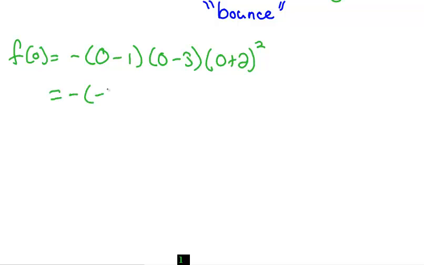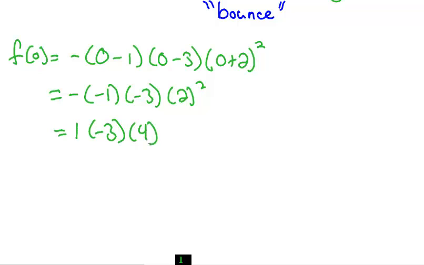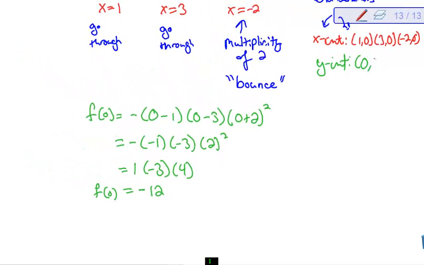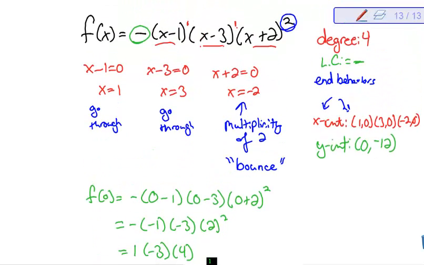So I get a negative times a negative 1 times a negative 3 times 2 squared. So negative times negative 1 gives me a positive 1 times negative 3. 2 squared is 4. So 1 times -3 is -3. -3 times 4 is -12. So f(0) is -12. So I have the point (0, -12). Now I have all the information that I need to start graphing this.